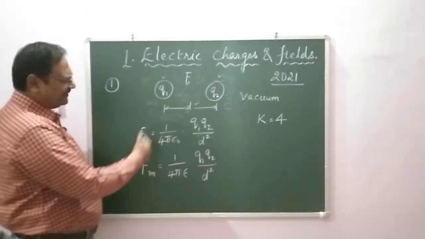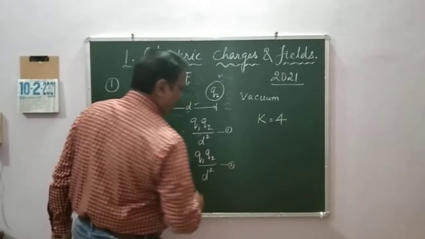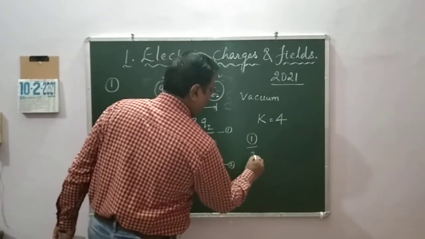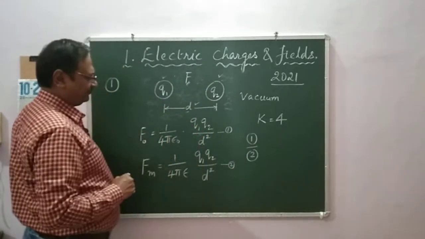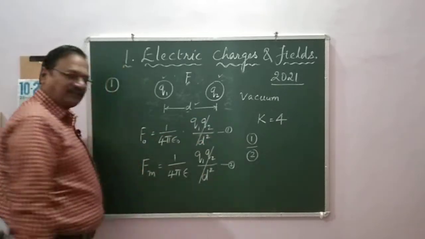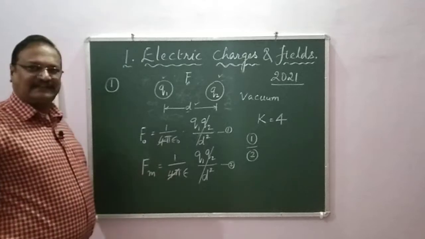Very simple. Call this equation number 1 and this equation number 2. So let us try: if I do 1 divided by 2, then what will happen? Look carefully. The whole thing, these factors will get cancelled, and 4 pi also will get cancelled.